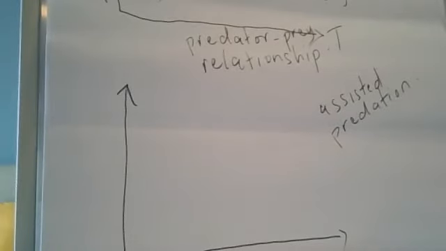Assisted predation. What does assisted predation mean? It means that you assist the predator. Kita tolong pemangsa itu by providing the necessary logistic, menyediakan kemudahan.